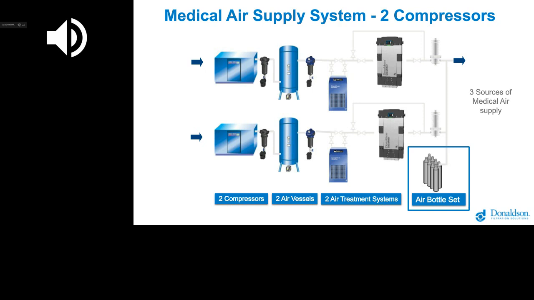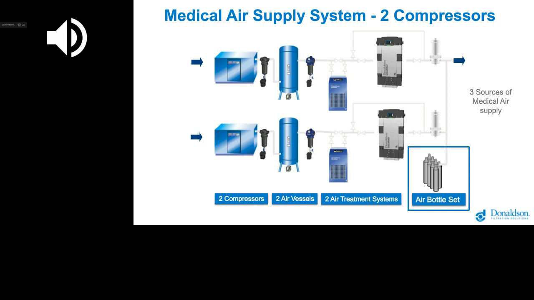In this case, you see on the right corner the air bottle set. This is breathing air already provided in bottles, and in case one compressor is in maintenance, and the other one is running and gets an issue, there is no compressor available, you can immediately switch over to the air bottle set, and the air from this bottle set is able to provide the required medical air supply.